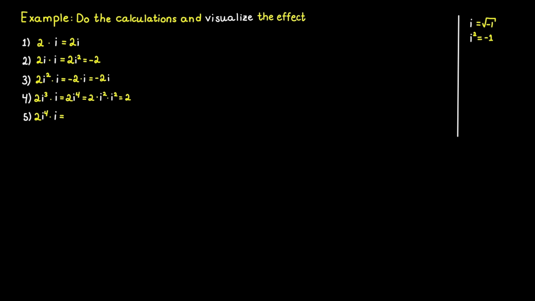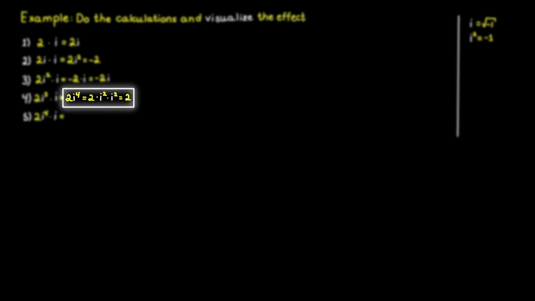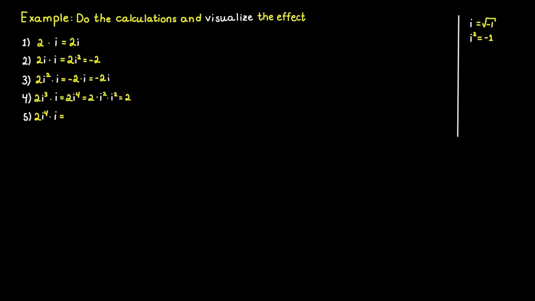On the last one we have 2 times i raised to the power of 4 times i. And here we know from our previous example that 2 times i raised to the power of 4 is equal to 2. So this one simply becomes 2 times i, also known as 2i. And now you might be able to see that the pattern repeats itself.